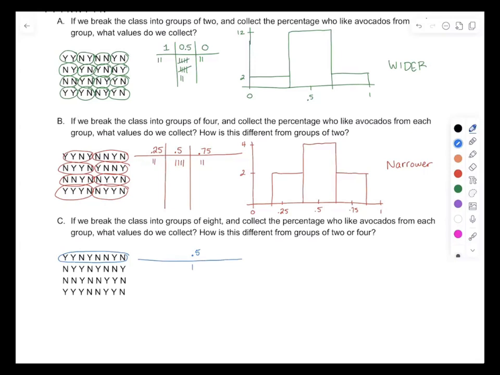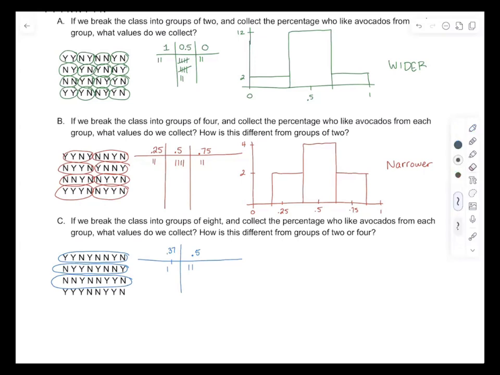And then in my next group, I also have half yeses and half nos. One more after that. This one only has 3 yeses. So 3 out of 8 is about 0.375. It's a number somewhere between 0.5 and 0.25. So I get 1 tick mark in here.